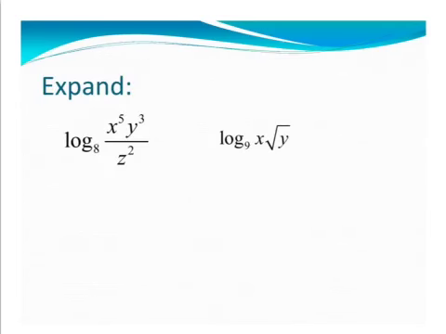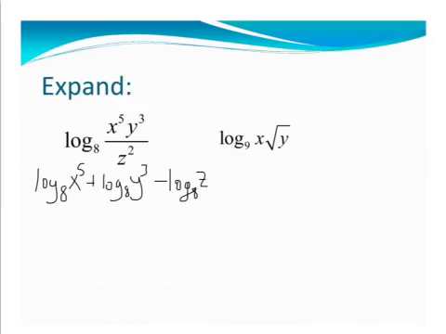Now let's say we're going to expand these. So we're going the opposite direction of what we just did. So if I want to expand, I know that I'm going to have log base 8 of x to the 5th plus log base 8 of y cubed minus, because I'm dividing by z squared, log base 8 of z squared.